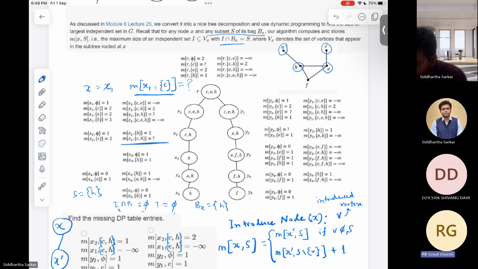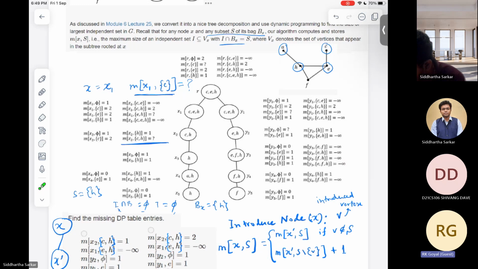Here the independent set has value 1. There are two vertices, A and C, which are not connected, so the value of I is equal to AC. Now we need to take its intersection with CH. For CH, four possibilities may arise.